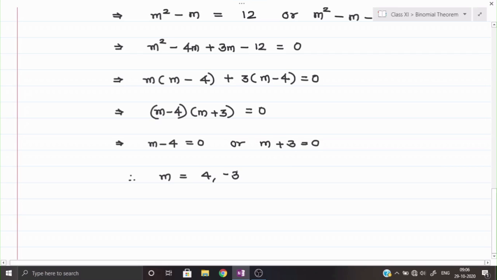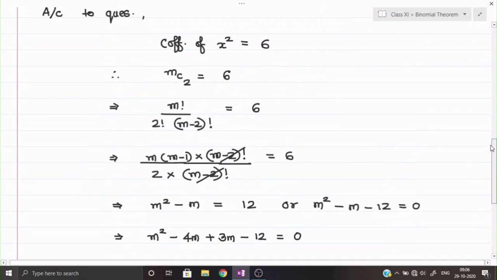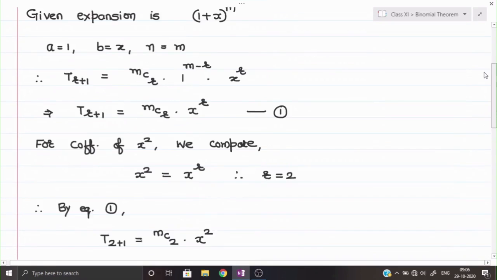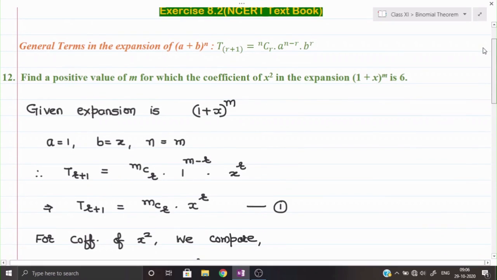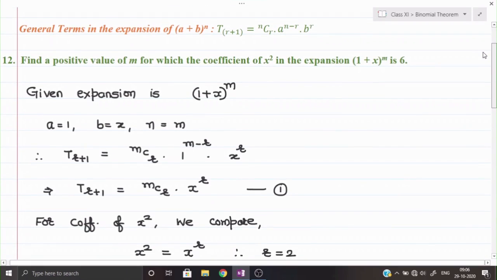Now see, the value of m cannot be equal to minus 3 because it is a case of combination. And I think in the question also m is given as a positive number. Let us see: find the positive value of m. See, it is mentioned in the question only.